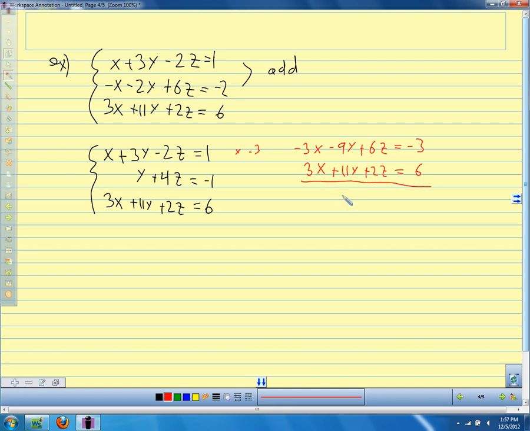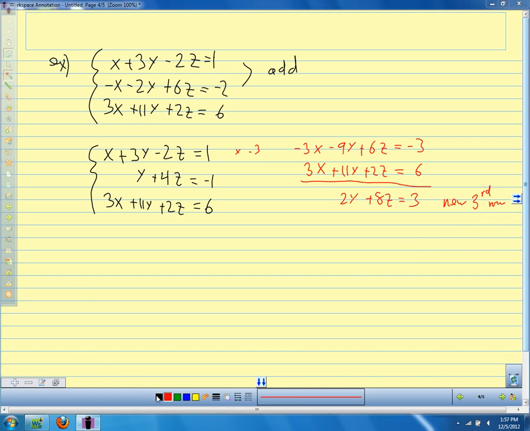Minus 9 plus 11 is 2y plus 8z equals 3. Let me make sure I did everything right here, making sure I didn't make any addition errors. So that's our new third row.